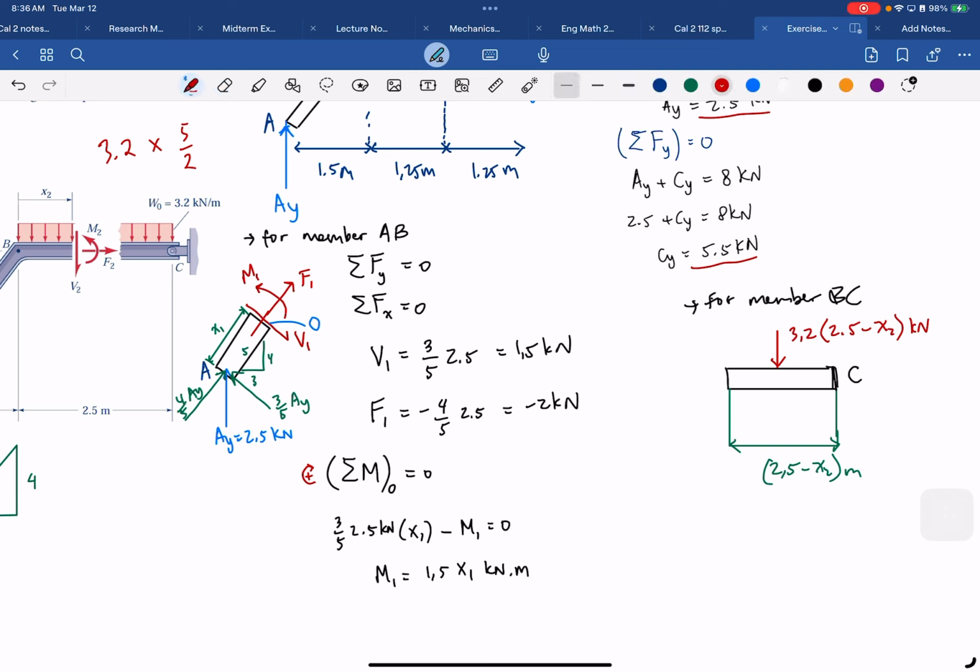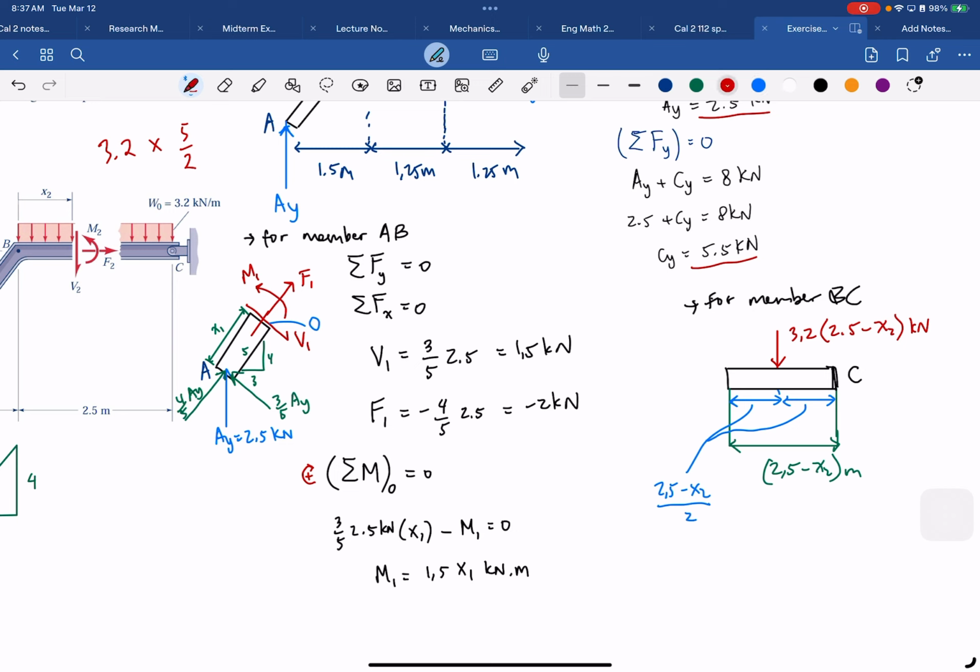Sorry, we already multiplied. And then this side here, both of them will be half of the 2.5 divided by 2, right? Both of them are the same distance.